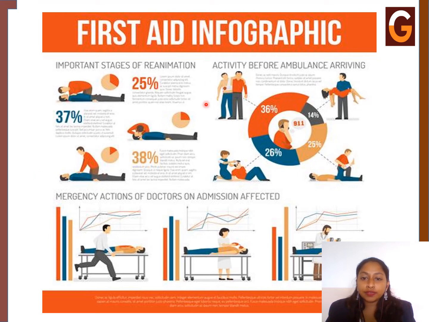The next one is the activity before the ambulance arrives. For example, if the patient is conscious and able to understand your commands and cooperate, then we take the patient to the side and make them safer, check for any other bleeding and try to stop it.